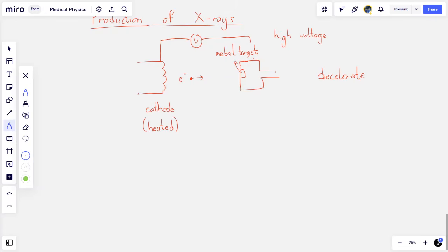And remember, when we accelerate or decelerate electric charge, what is produced? Electromagnetic waves. And so upon striking the metal target, upon decelerating, an X-ray is produced. We know it's an X-ray because we can control the amount of energy that the electron is given. And the X-ray has an energy hf or hc over lambda, which we know from quantum physics.